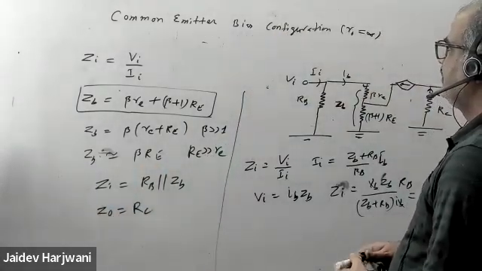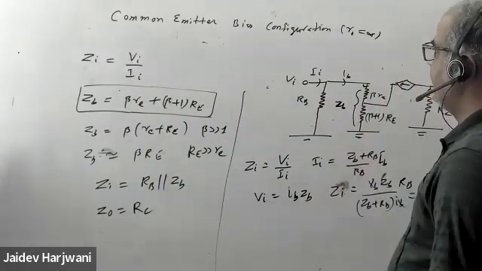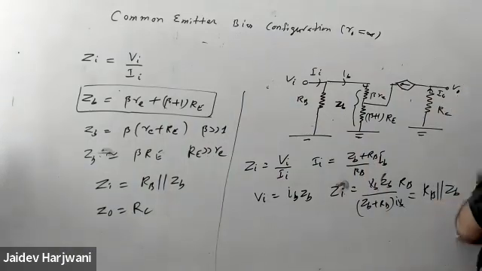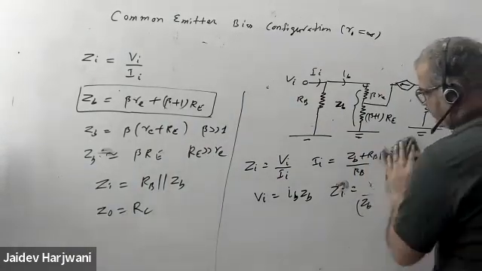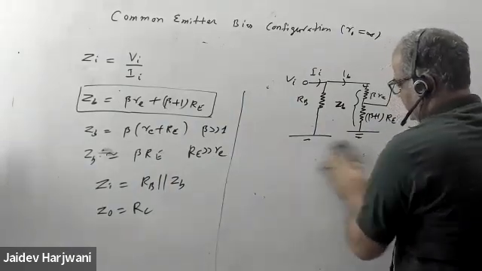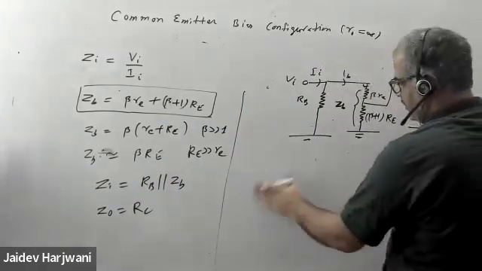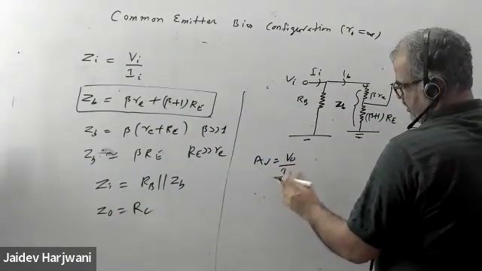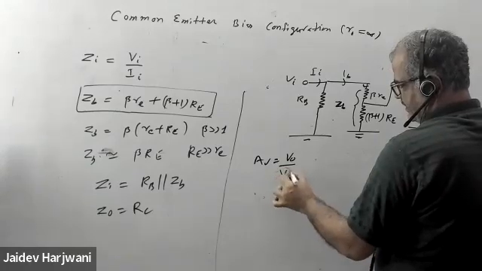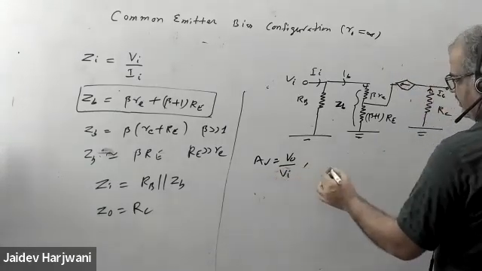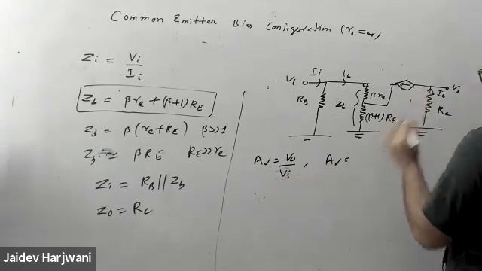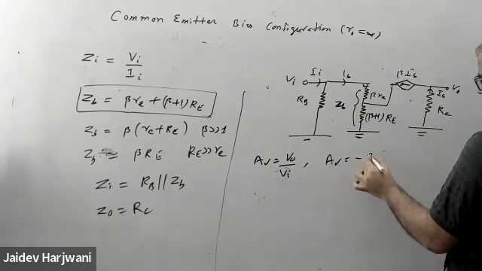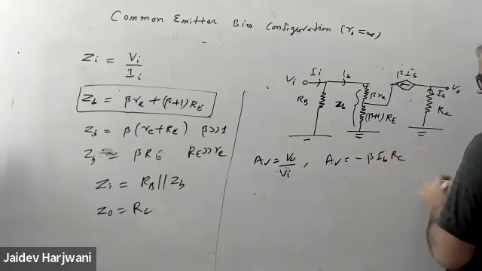Okay, now I want to calculate the voltage gain and current gain. So let me first write the voltage gain. Voltage gain is AV, V output upon V input. And V output, you know, this current is coming beta IB RC, so minus beta IB RC is V naught.